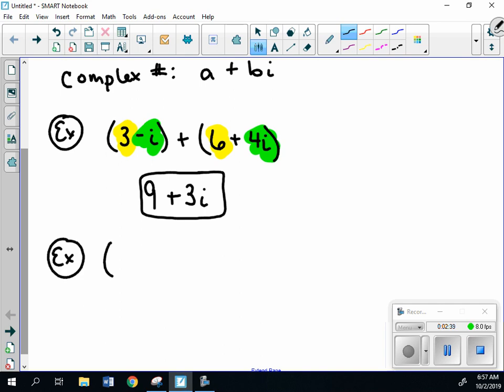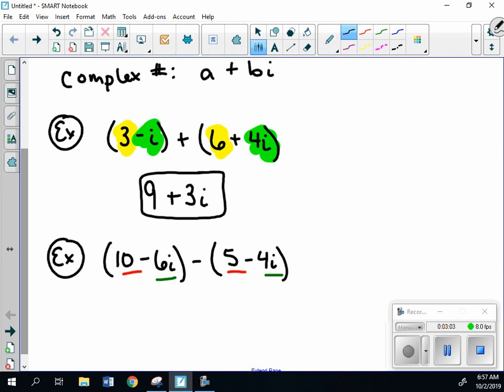Same concept with subtraction. If I were to have 10 minus 6i minus, let's go with 5 minus 4i. Again, looking for my like terms. The difference, though, is you have a subtraction sign in the middle, so don't forget about that.